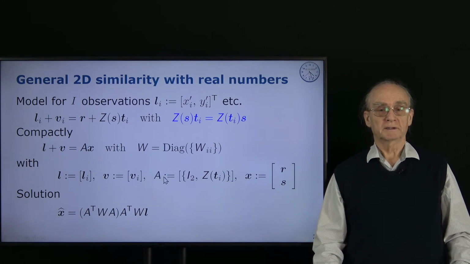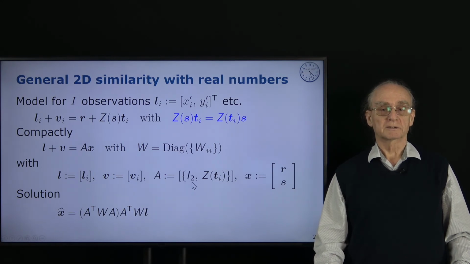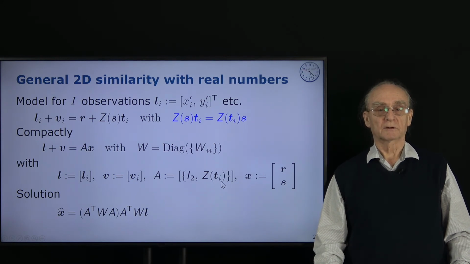And the coefficient matrix now consists of 2 by 4 matrices. So the first part is a unit matrix 2 by 2. And the second one is the Z matrix of the given coordinates. Why? Because we have here Z of the scaled rotation multiplied with the coordinates.